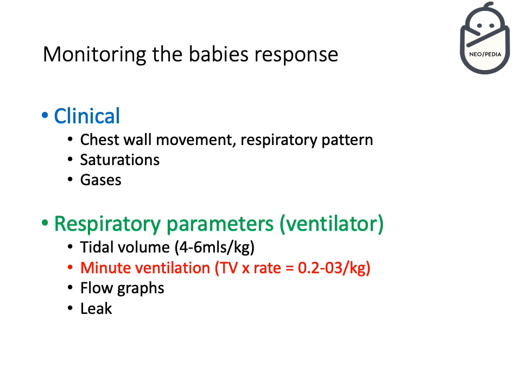And your minute ventilation should be between 0.2 to 0.3 per kilogram. So this is your minute ventilation or minute volume, all right? And as we said, this is your tidal volume multiplied by the rate. You need to look at the flow graphs and check if there is any leak.